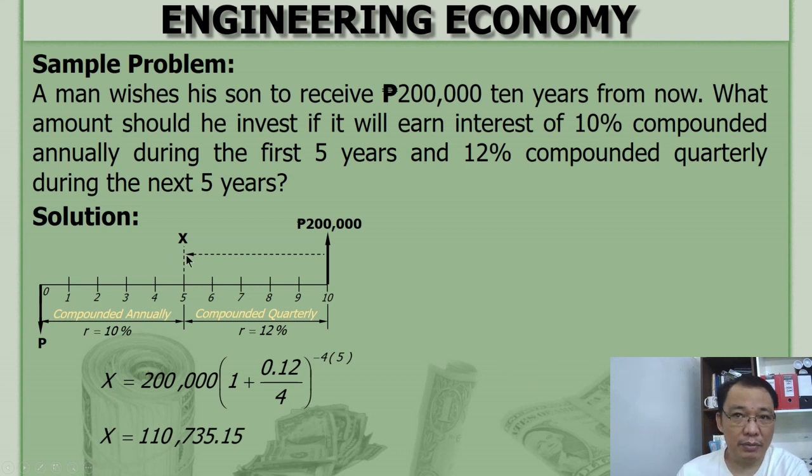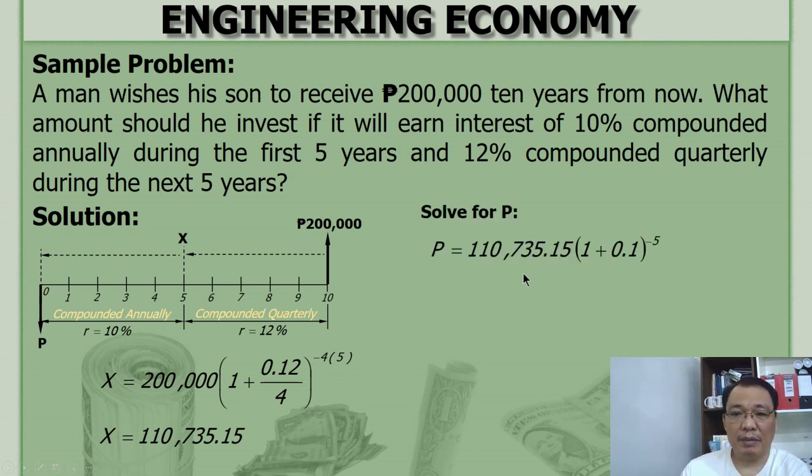Next, you project X to year 0. The value of X in year 0 is equal to P. So to solve for P, P is equal to X, and as you can see, it is compounded annually.